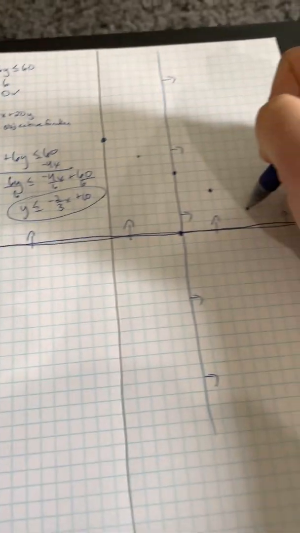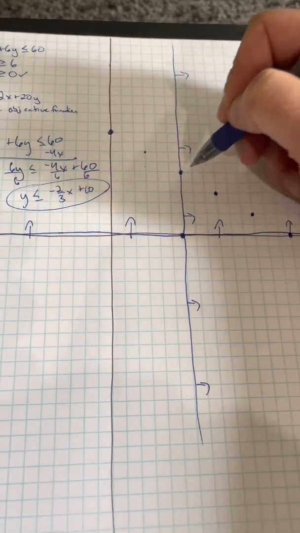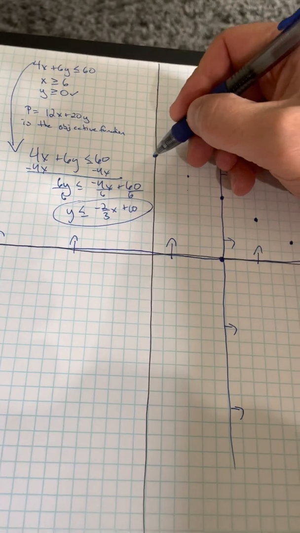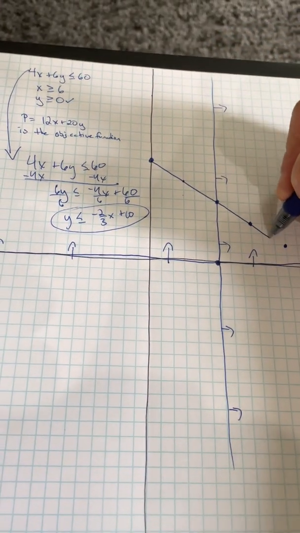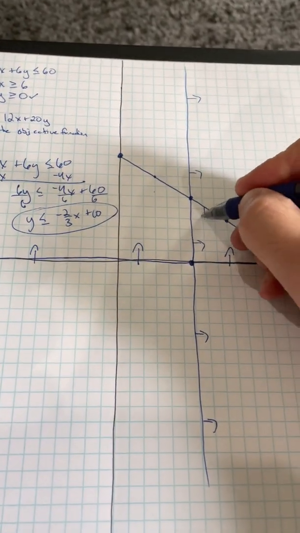I'm doing this on purpose so we can see a little bit of a pattern here. This is also a less than or equal to, so this is also going to be a solid line. Now, I would shade below that line.